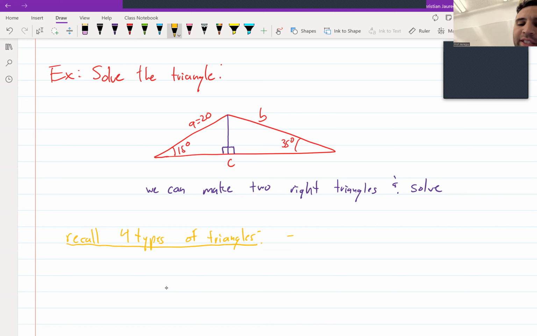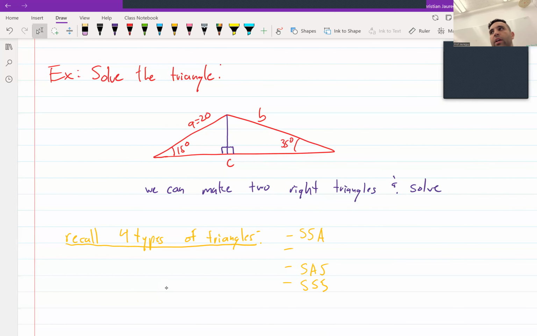We know that there is a side-side-angle, a side-angle-side, a side-side-side, and then there is an angle-side-angle. All 4 of these. None of those are guaranteed to be right triangles. They could be, but with these pieces of information, I can solve any triangle now.